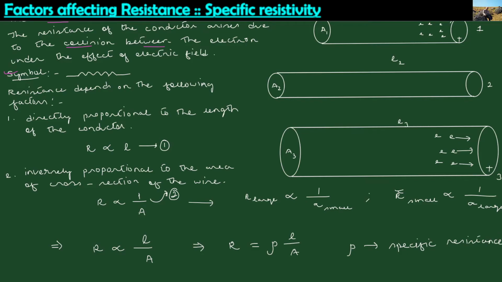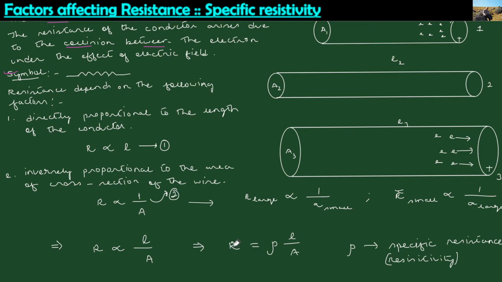The other name for specific resistance is resistivity. The value of resistivity of a particular material indicates the resistance of the conductor. If the resistivity is large, the resistance of the conductor is large, and if the resistivity is small, the resistance of the conductor is also small.